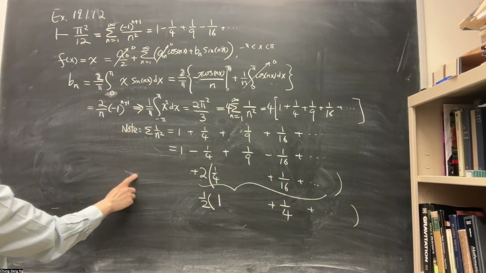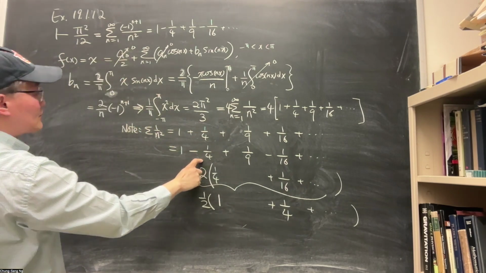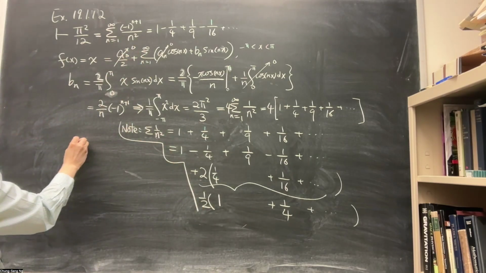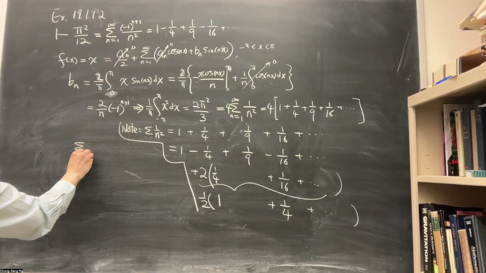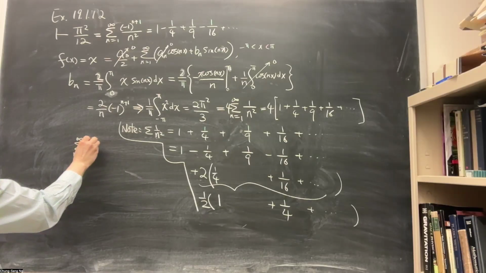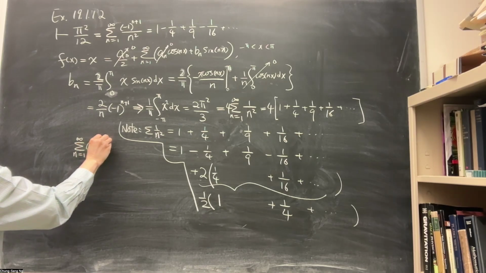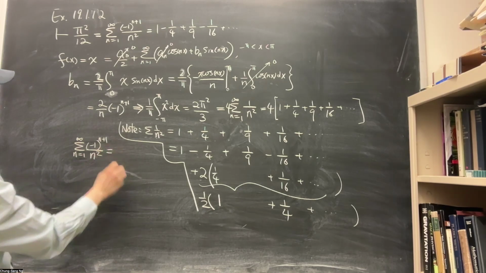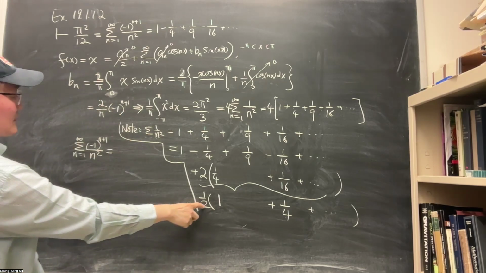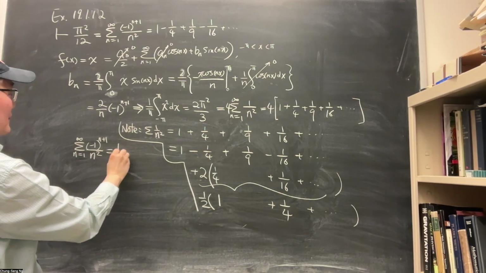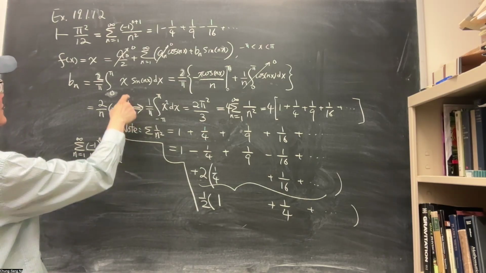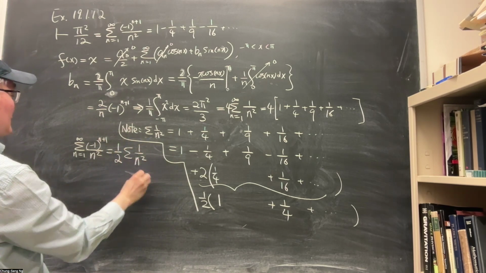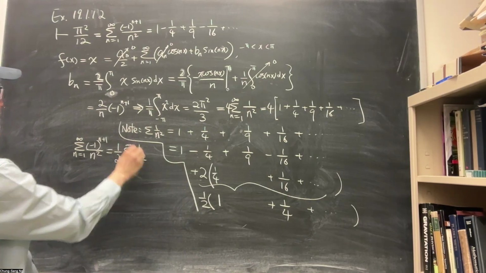So I can write the sum over n from 1 to infinity of minus 1 to the n plus 1 over n squared equals 1/2 of the sum over 1 over n squared, again from 1 to infinity.